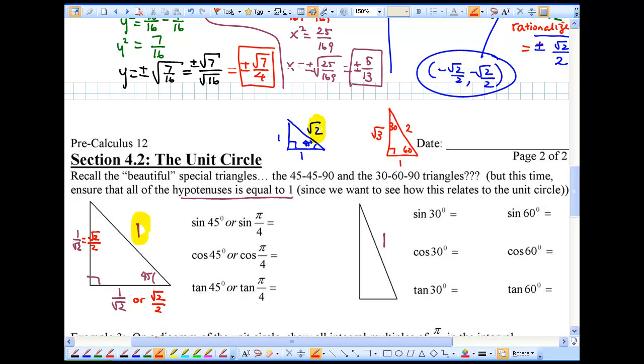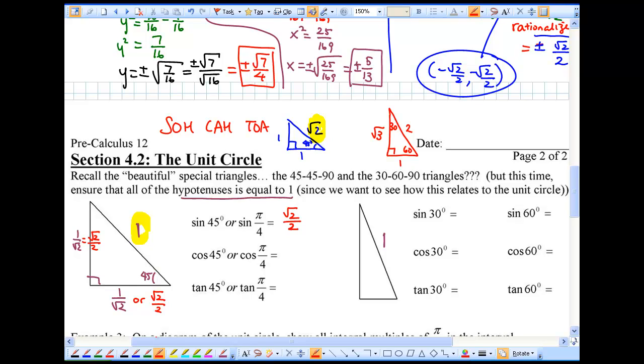Now, notice here I'm actually using pi over 4 as well because we're trying to get you to use this idea of radian measure. So sine of 45, sine, of course, is by definition opposite over hypotenuse. Remember SOHCAHTOA? See all this stuff coming back now, right? So that'd be root 2 over 2 over 1.